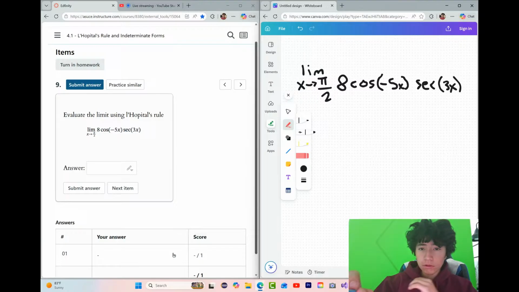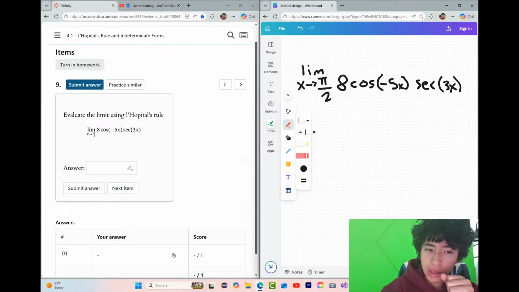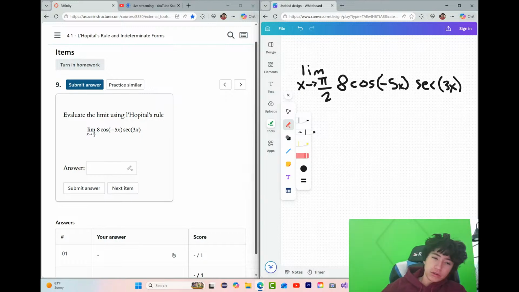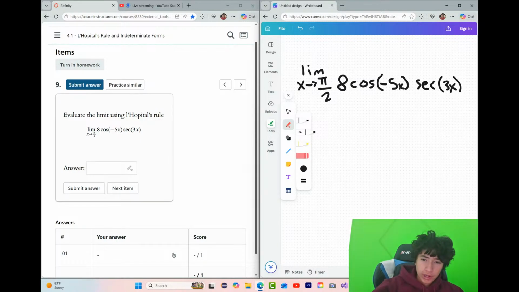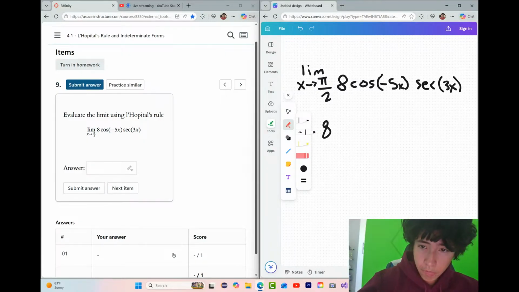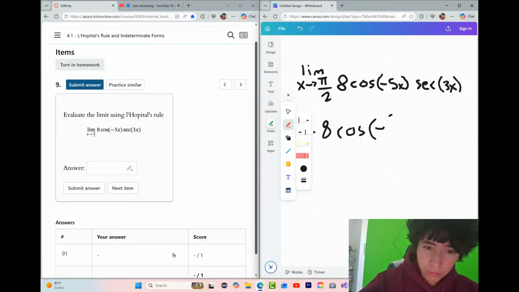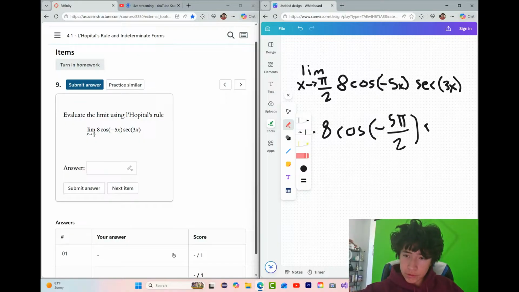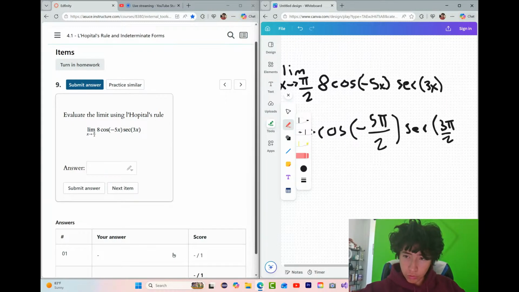So let's see. Directly replacing pi over 2, we get 8 times cosine of negative 5 pi over 2 times secant of 3 pi over 2.